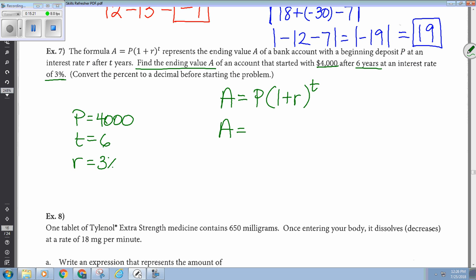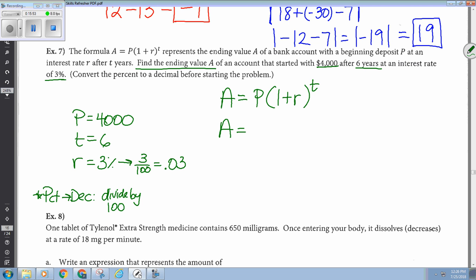But 99% of the time, when you plug into a formula with a percent, that percent has to be changed to a decimal. So to change a percent to a decimal, you divide by 100. So you take 3 divided by 100, which is 0.03.